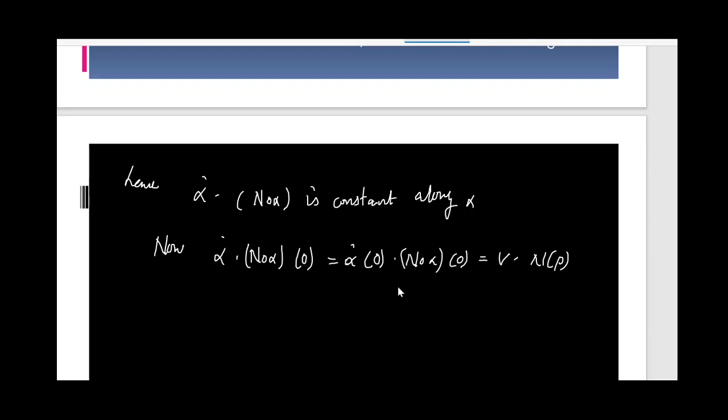Now, one belongs to the tangent space and another belongs to the normal space, so this dot product is 0.